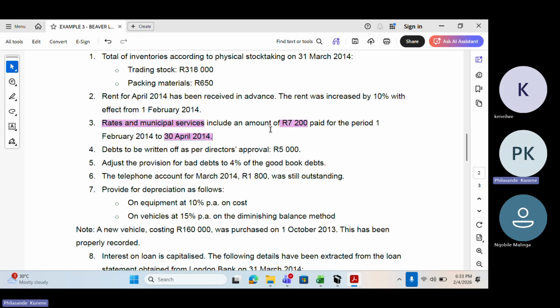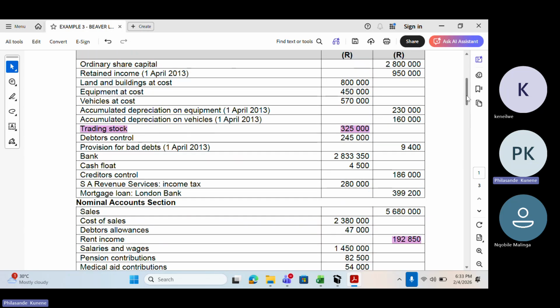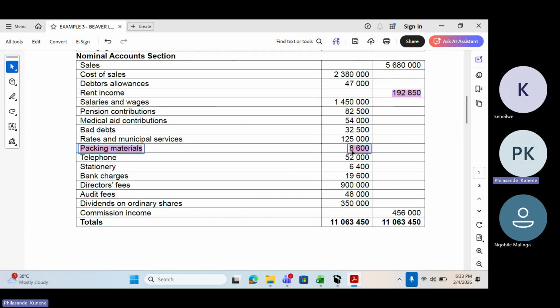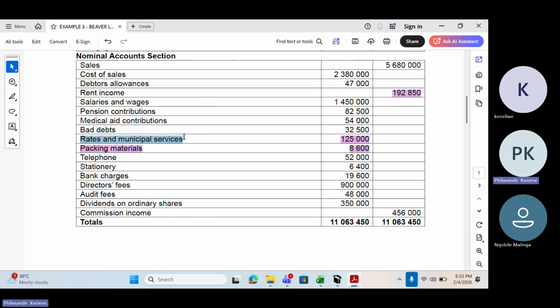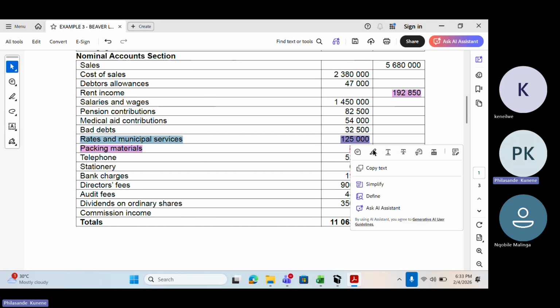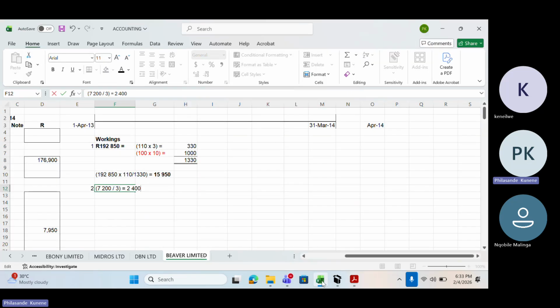So I need to exclude it, because this 7,200 is already included in the 125,000 that I can see here, rates and municipal services of 125,000. It includes 7,200, and that 7,200 has an extra month, which is April 2014, equivalent to 2,400.